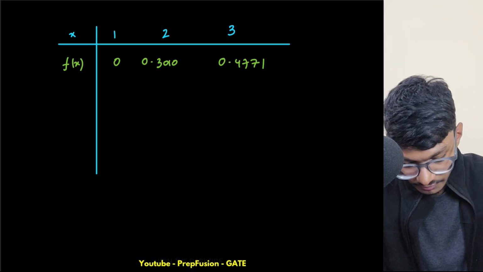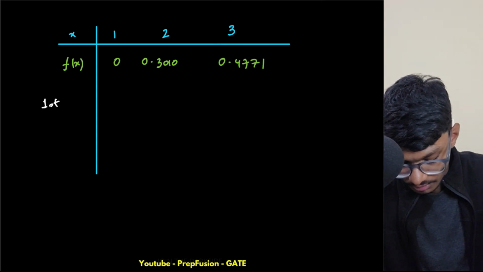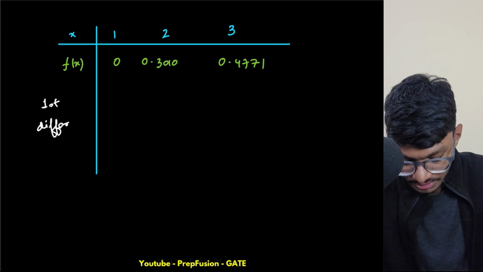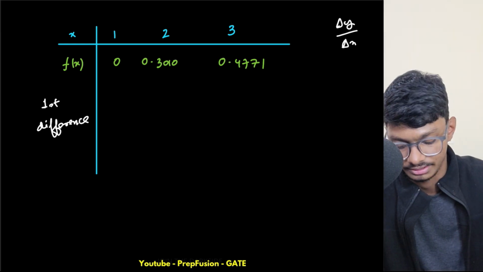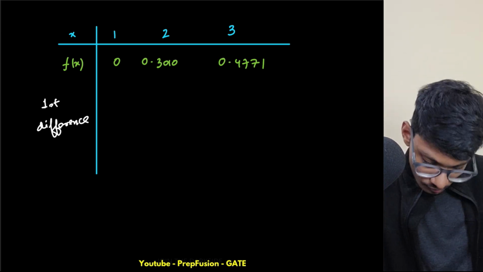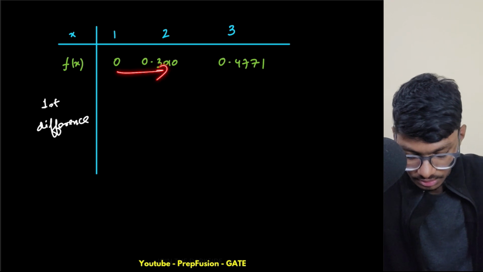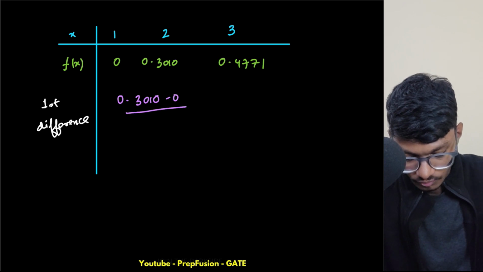So what is the first difference? If you tend to forget this, you can remember it as del y by del x, simple like this. What is del y? Del y is this: 0.3010 minus 0, divided by del x, which is 2 minus 1.